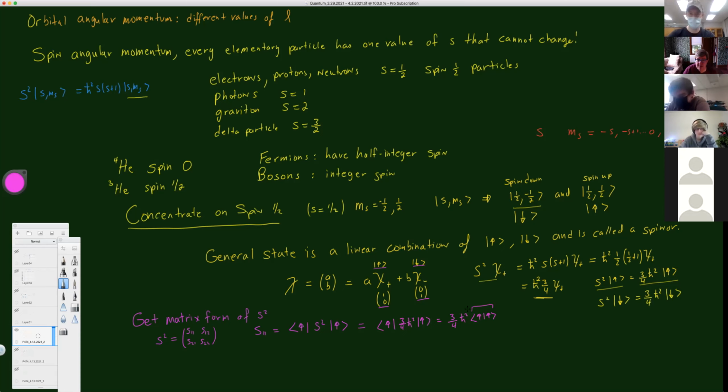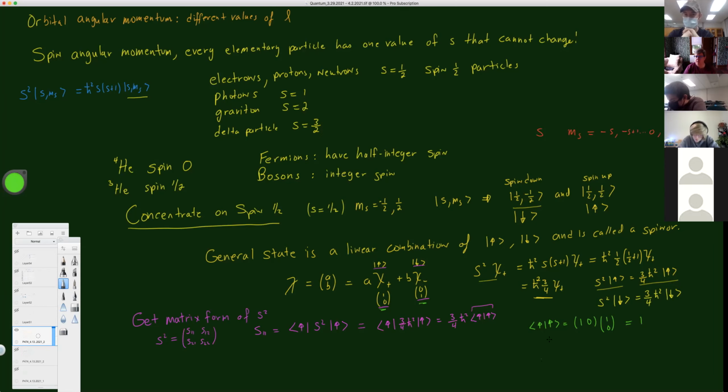So let's just take a look at that as an aside in this format here. The up inner product with up is a row vector 1, 0 dotted with a column vector 1, 0, and row times column gives you 1.